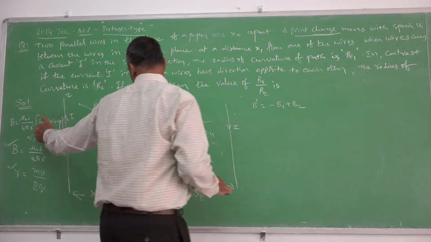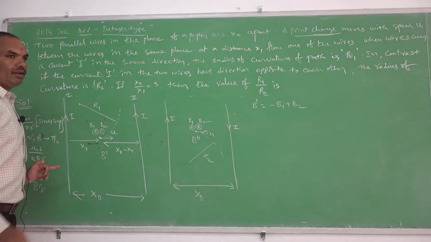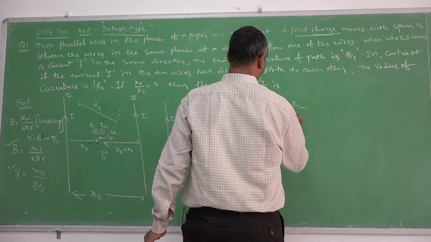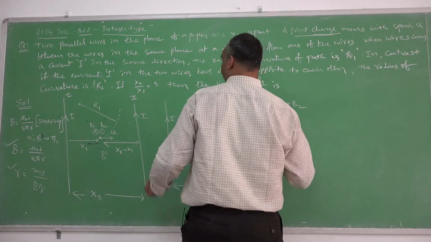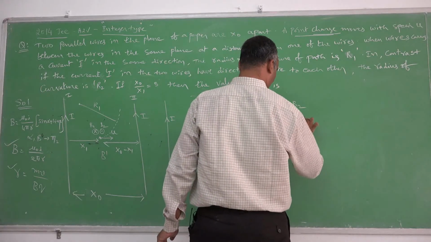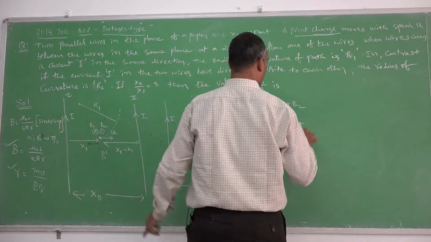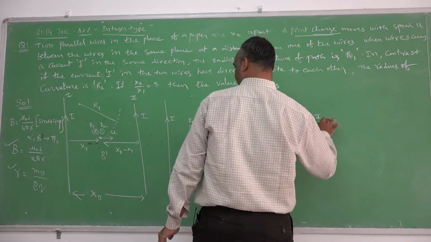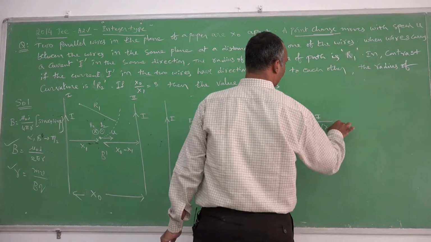B value is given by the general formula mu naught I by 2 pi r. So minus mu naught I by 2 pi x1 plus B2, mu naught I by 2 pi into x0 minus x1.